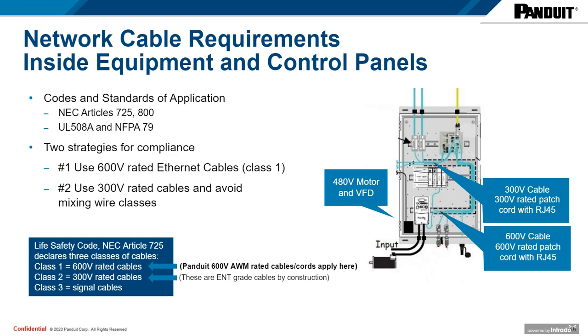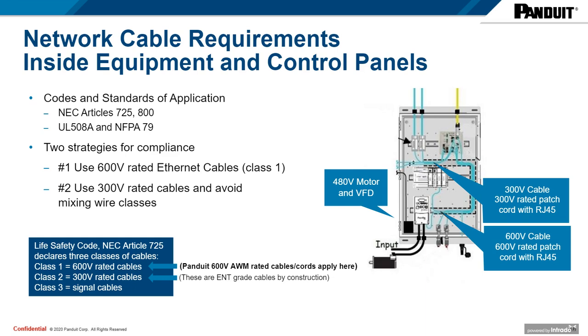What 725 does is outline those wire classes, which you can see in the blue box there. It designates what a Class 1, a Class 2, or a Class 3 is within your 600 volt rated cabinet. So the 600 volt industrial rated cable is going to correlate with a Class 1 circuit or Class 1 wiring.